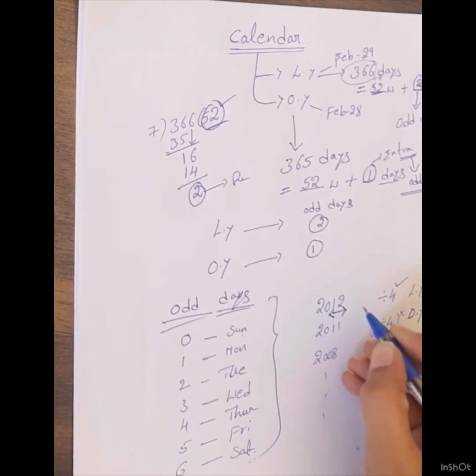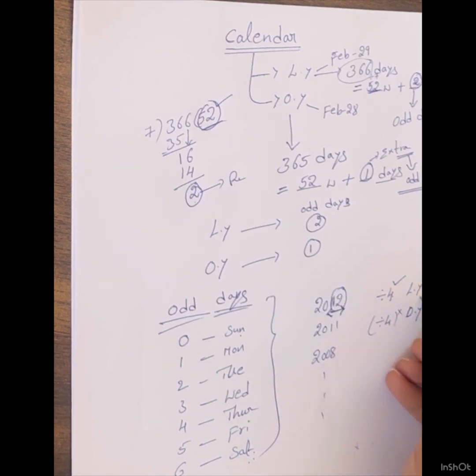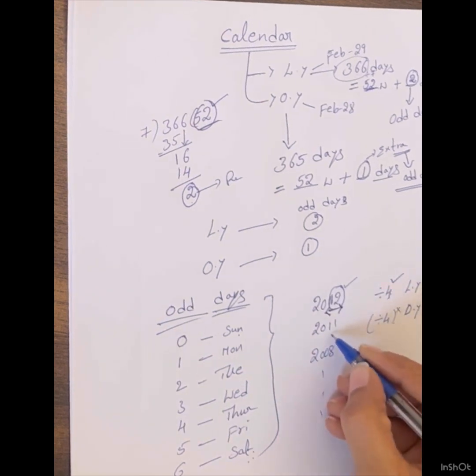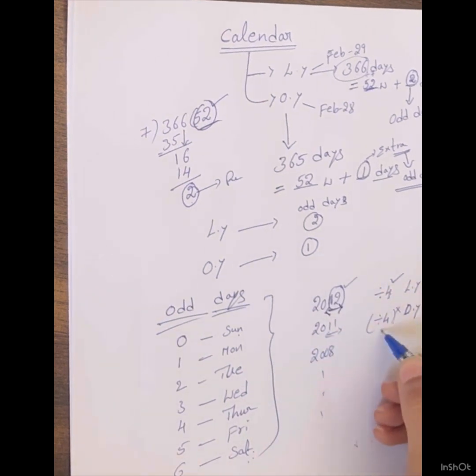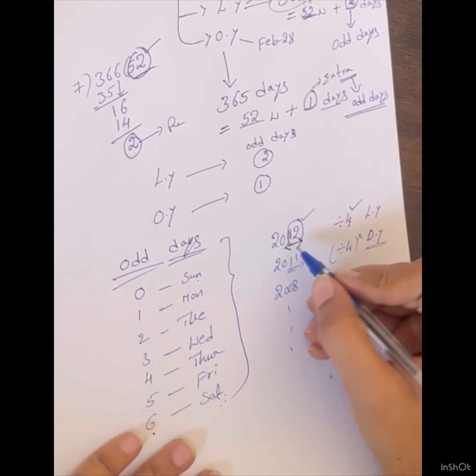For 2012, 12 is the last 2 digits, and 12 is divisible by 4, so it is a leap year. Next, take the last 2 digits of 2011. 11 is not divisible by 4, so 2011 is an ordinary year.